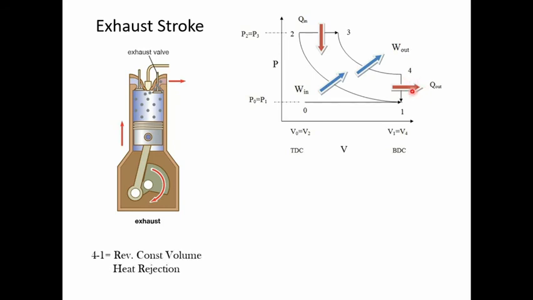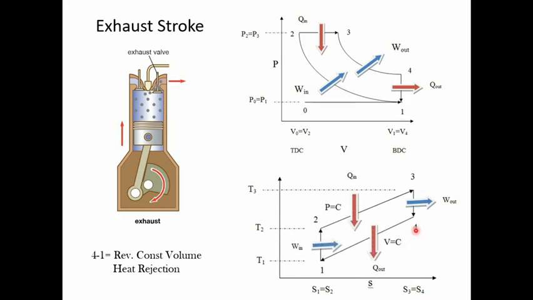So V1 equals V4, and as heat rejection takes place, the temperature decreases from T4 to T1. In the TS diagram, you can see the temperature decreasing from T4 to T1. As the temperature decreases, heat rejection takes place, so the entropy decreases from S4 to S1, thus constituting the whole cycle.